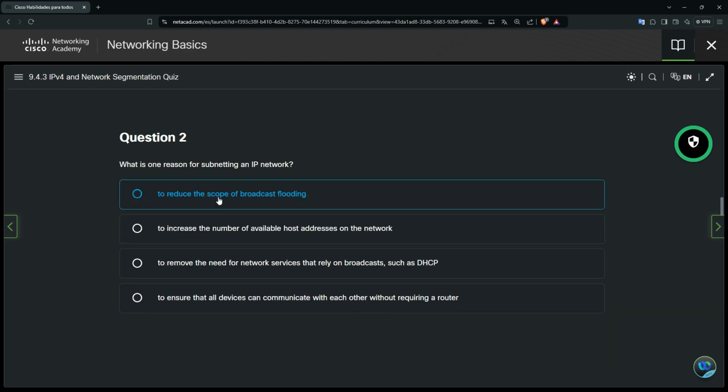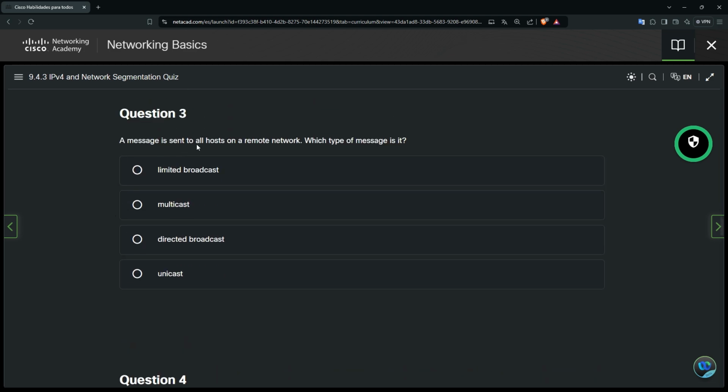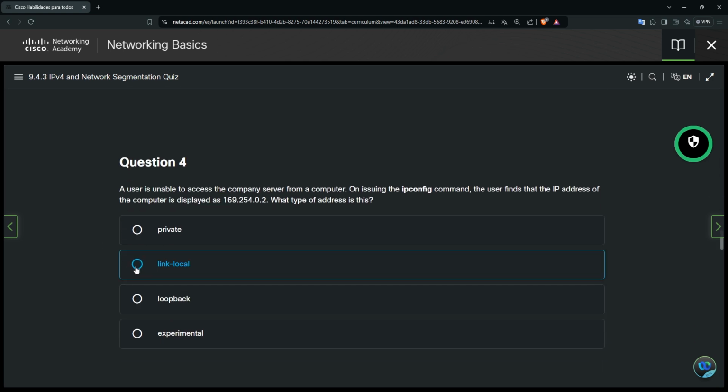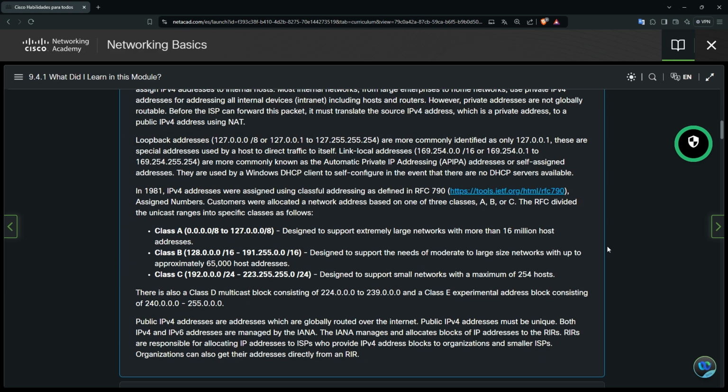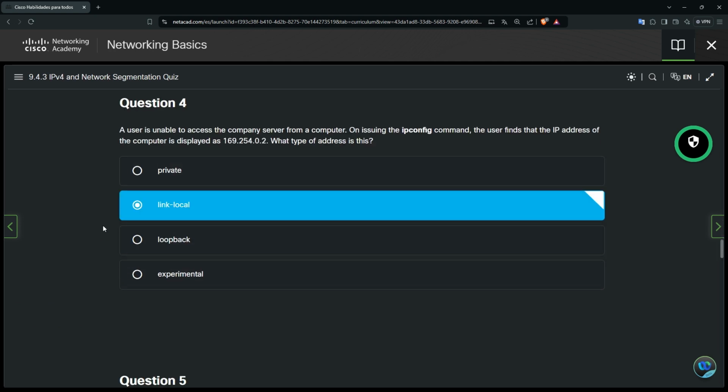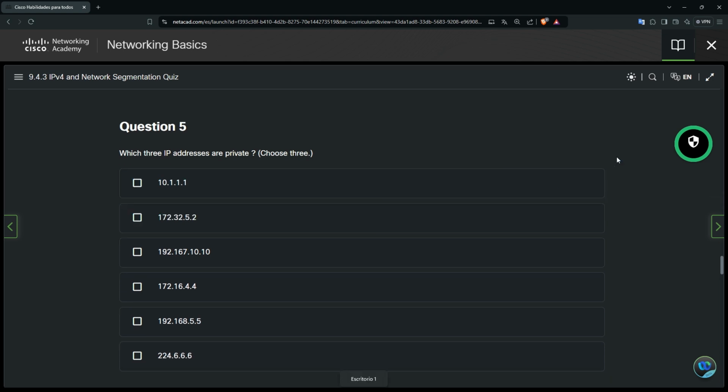Is it loopback or link local? Link local.